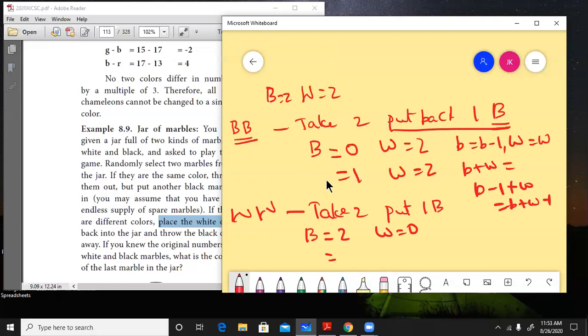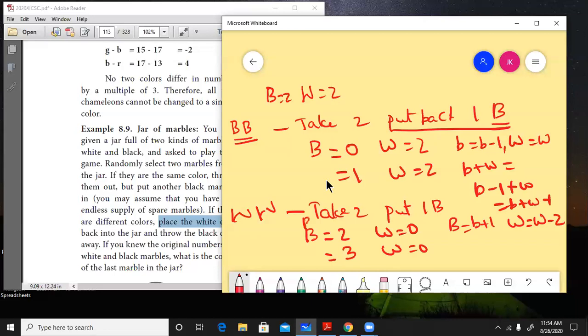You have taken out two whites, so your W is equal to 0, and now my B will become 3. How did you get 3? By B equals B plus 1. How did you get W as 0? By W minus 2. That is 2 minus 2 is 0, and 2 plus 1 is 3.